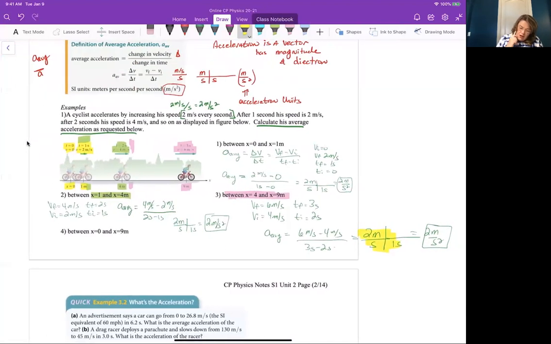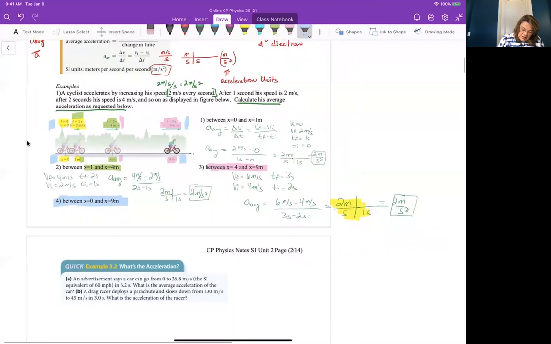We'll do that one in this weird blue color. I don't know what that is. And so here is my final location, and they're asking compared to my initial location. And so let's get our data all lined up. V final is equal to 6 meters per second. T final is equal to 3 seconds. V initial was 0.